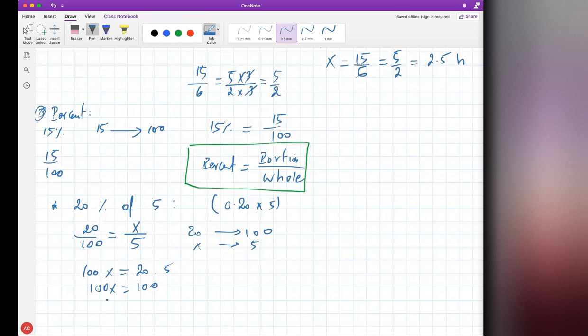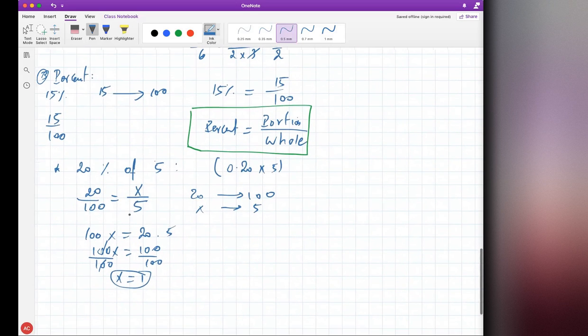Then divide by 100, divide by this 100. So x is equal to 1. 20% of 5 is 1. 5 is the whole number, so 20% of it, just a piece of it, is 1.